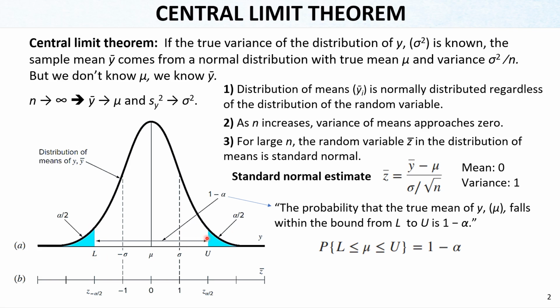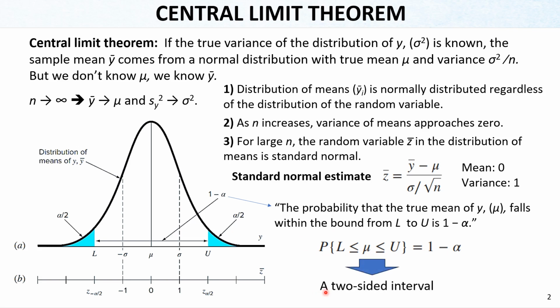And when we normalize these lower and upper bounds, the distance here will be 1 minus alpha, and this part is alpha divided by 2, and this part is alpha divided by 2. This is defined as the probability that the true mean is between the lower and upper bounds, which is 1 minus alpha.